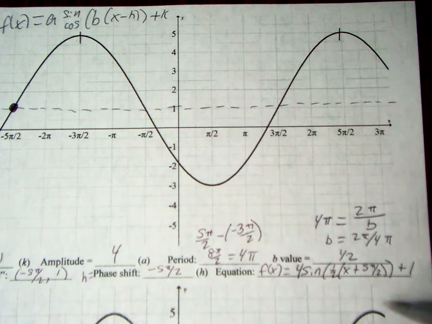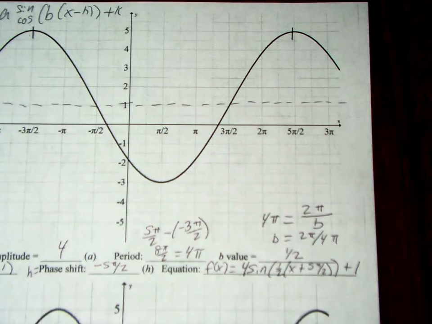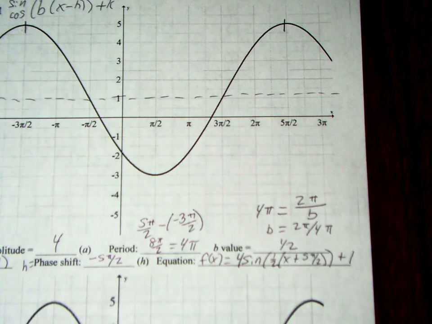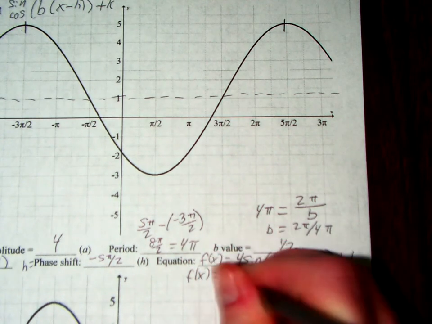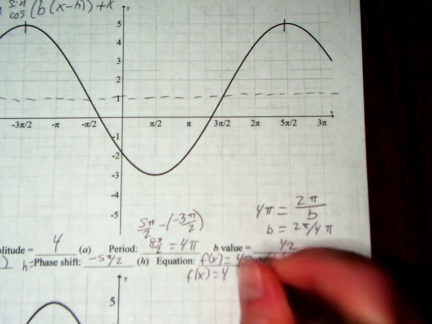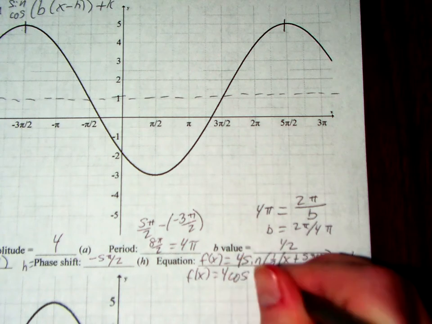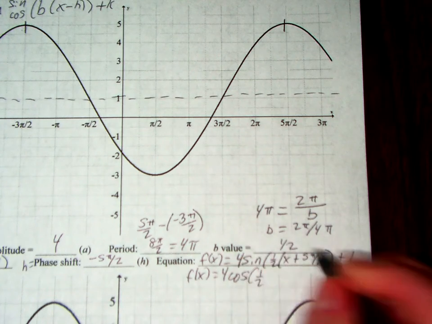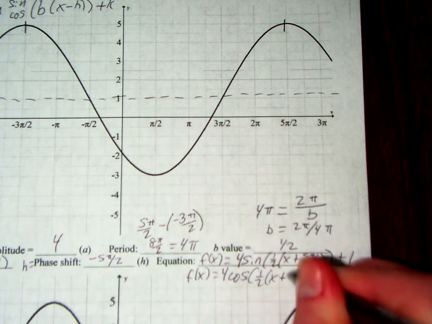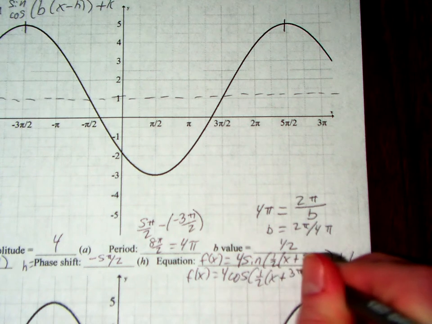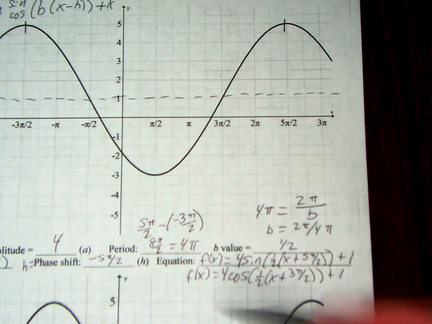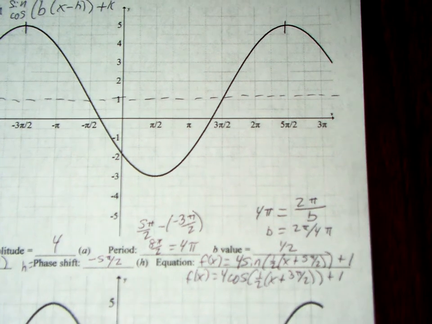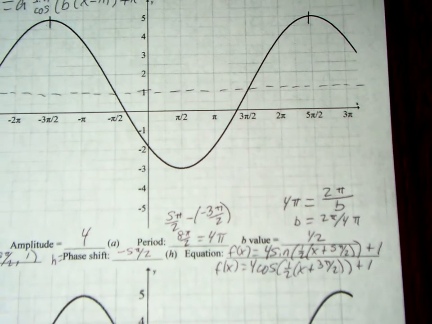So I could also write this as f of x equals 4, amplitude doesn't change, cosine of 1/2 times x plus 3 pi over 2, plus 1. These will generate the exact same graph and look exactly the same.